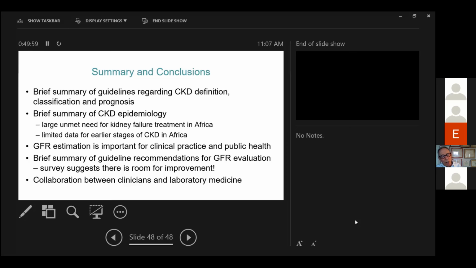I missed part of the question because of the internet connection, but I think I understood it. I think probably the best thing to do to get cystatin available more cheaply is to order it more, but speak with your clinical laboratory director and have them bring the assay in-house. It's an automated assay. It can run on the big auto analyzers.